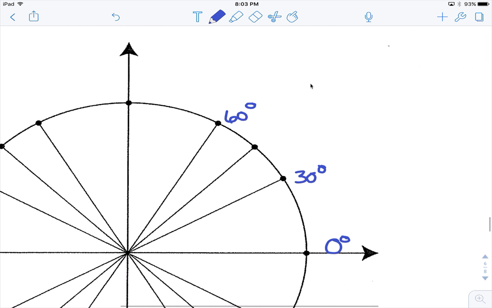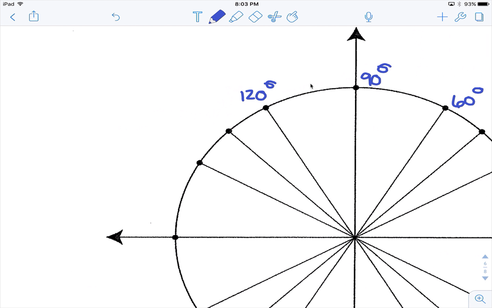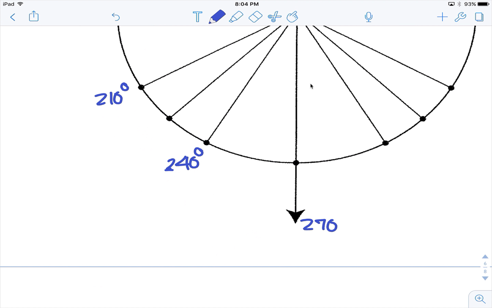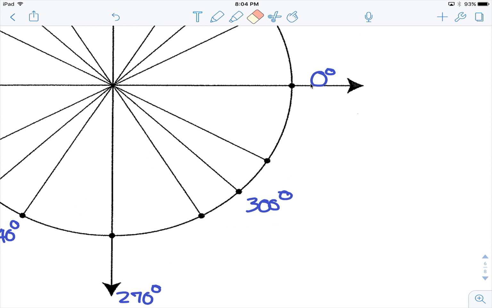So 30, 60, 90, 120, 150, 180, 210, 240, 270, 300, 330, and then back at 360.